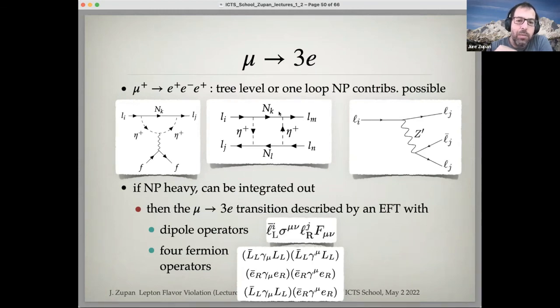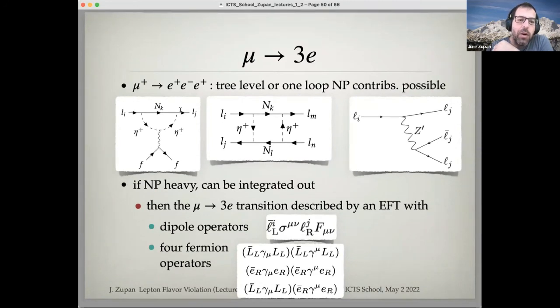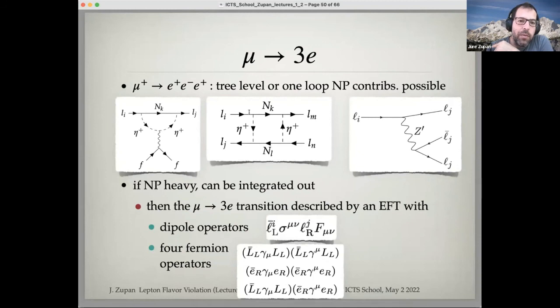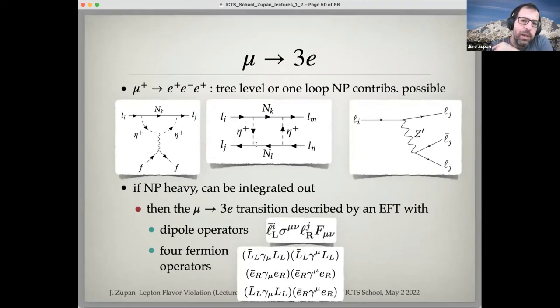Because then you will pay a price here. You have 3 couplings to electrons, but only one coupling of muon. So you will suppress the box diagram, but you will have a dipole. So then the dipole will dominate.